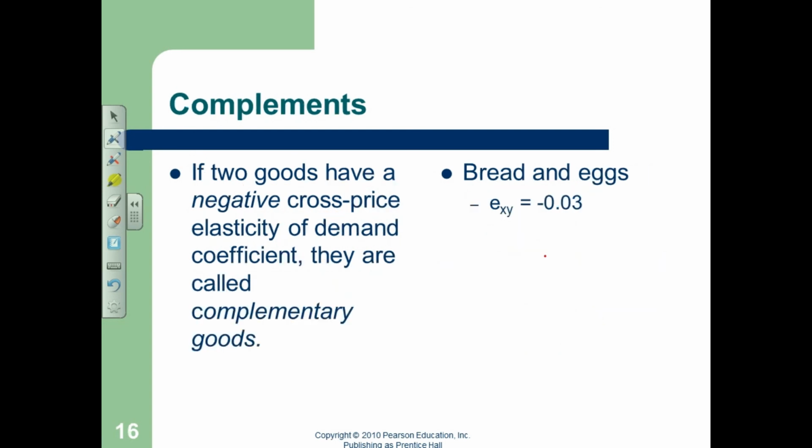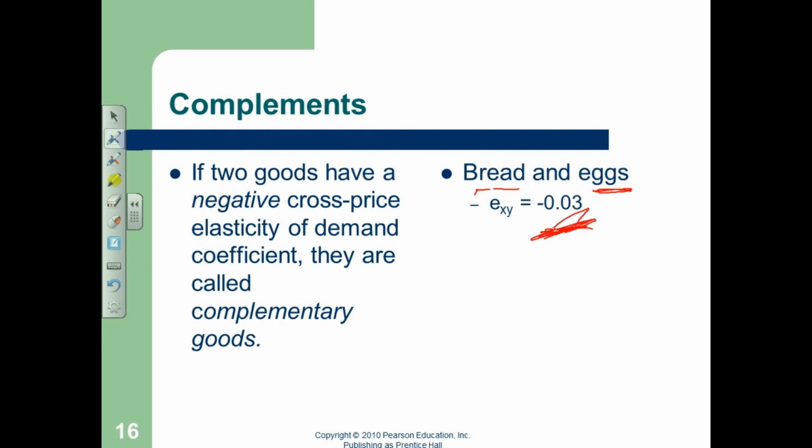Here are complements, when the cross-price elasticity is negative, right? That means the two products are complements of one another. Here they calculated the cross-price elasticity between bread and eggs, and they come up with this. So it's not a very good example, bread and eggs.